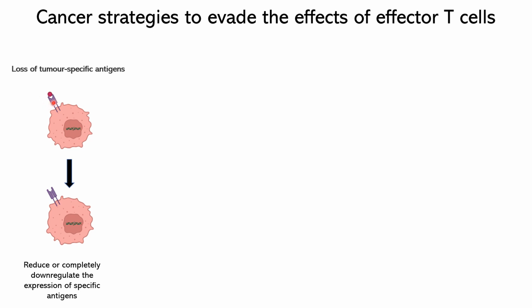And once they identify these cells, they will kill that cell. So what the cancer cells do is that they stop producing that antigen. So when the T cell comes, the T cell cannot identify that antigen. Therefore, they will not identify the cancer cell.